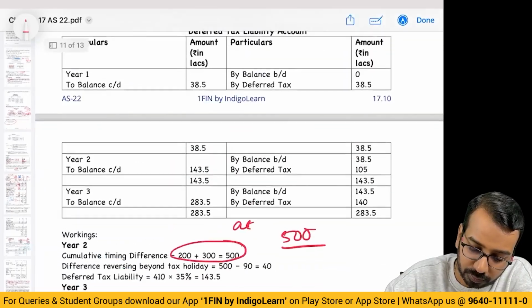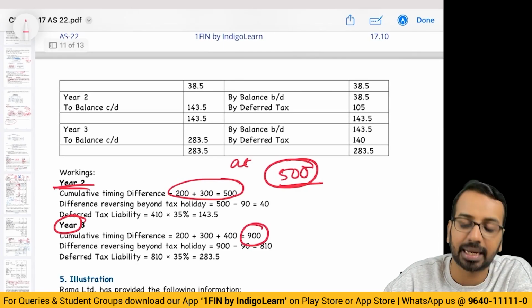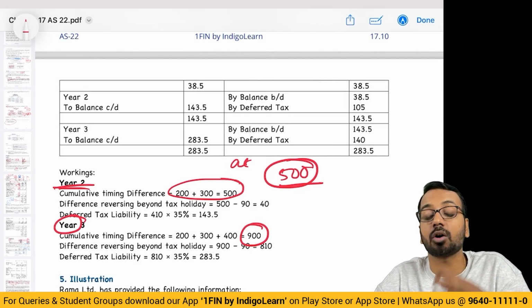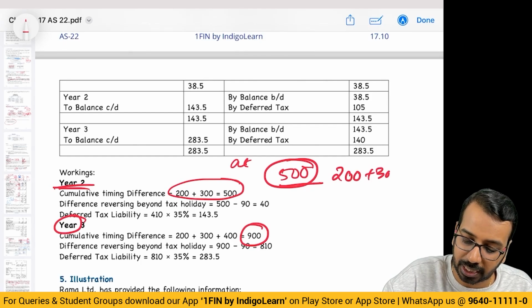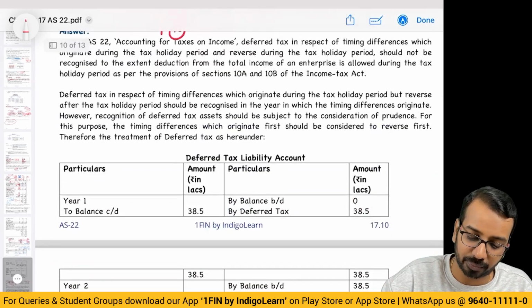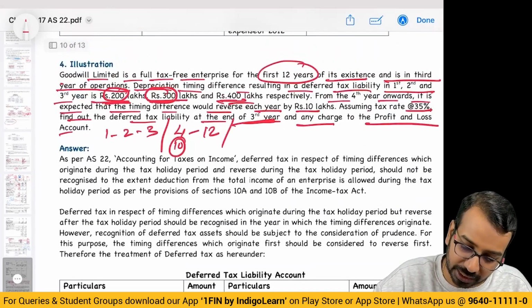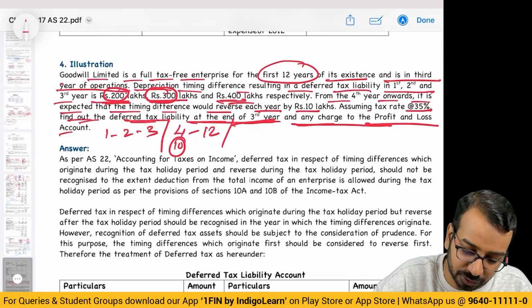So at the end of year 2, it is 500. At the end of year 3, it is 900. Means the total difference which has originated, 200 plus 300 plus 400, is 900. The question has asked us to find out the DTL at the end of third year and any charge to the P&L account.